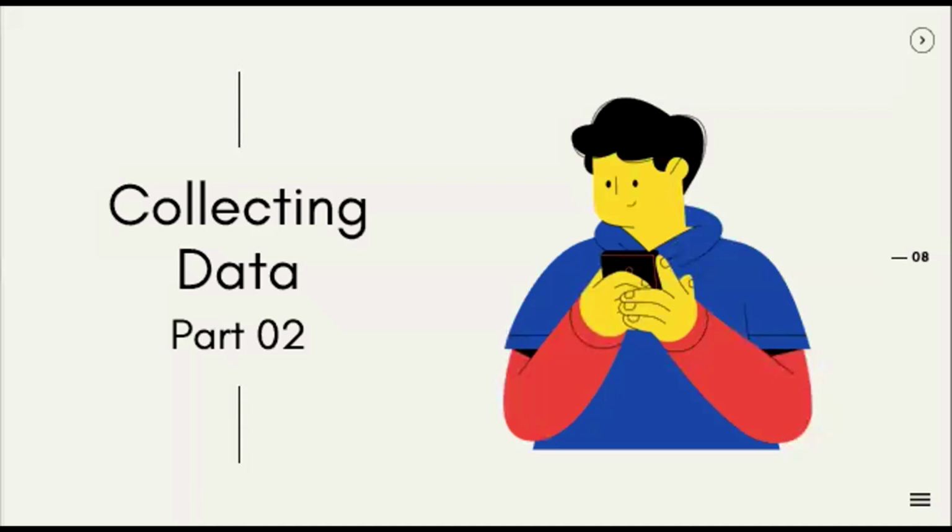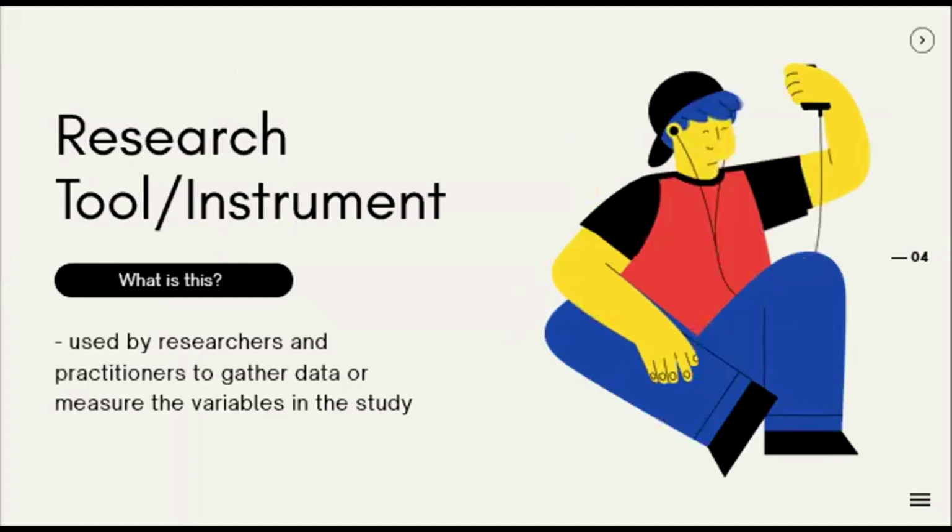Now let's proceed with the next part of the discussion, which is about collecting data. Okay, so instrument is really important, no, in conducting researches because it is used by researchers and practitioners to gather data or measure the variables in the study.